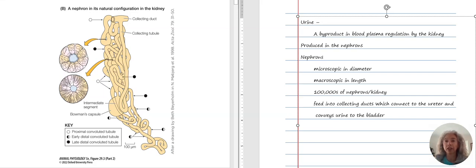Remember that initially glomeruli have a high filtration rate, higher than is necessary for continued pH and osmotic regulation. This is so that the kidneys can constantly maintain balance at any given time. Therefore, there is a need for reabsorption of water, sodium, and chloride in this process.